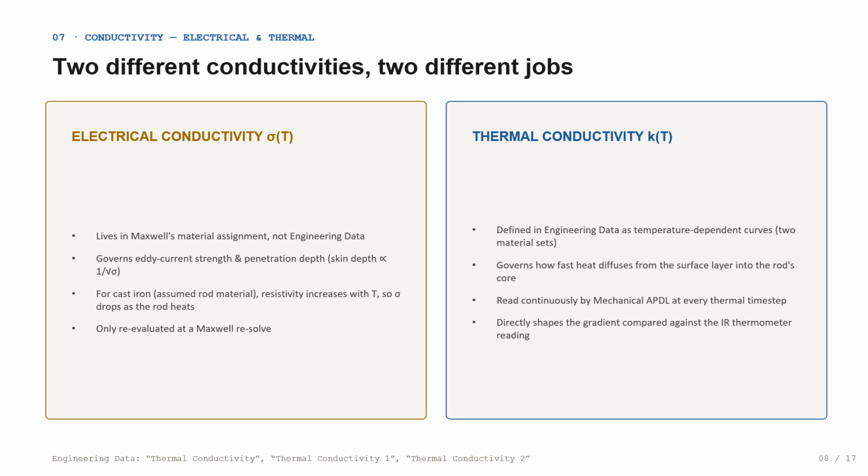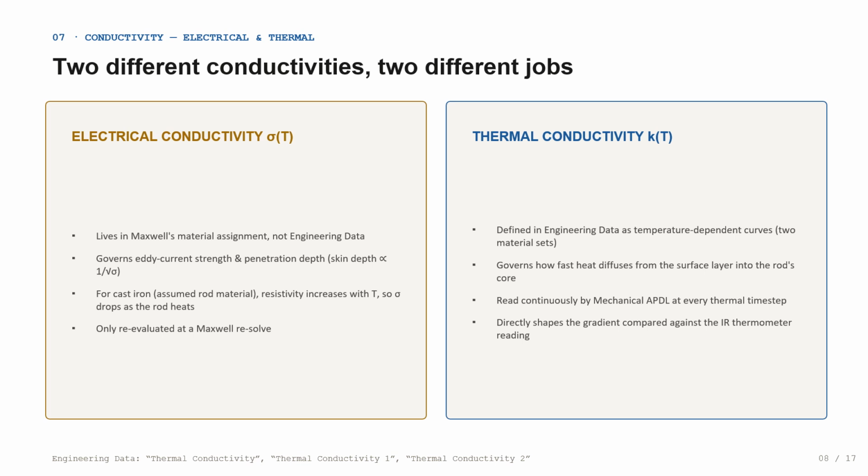It governs how strongly eddy currents form and how deeply they penetrate, because skin depth is proportional to 1 over the square root of sigma. For the rod material assumed here, cast iron, resistivity increases with temperature, so sigma falls as the rod heats. And critically, this property is only reevaluated at a Maxwell resolve. It does not update on the thermal solver's clock.